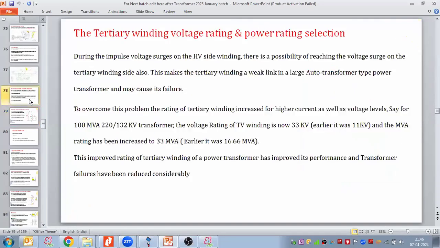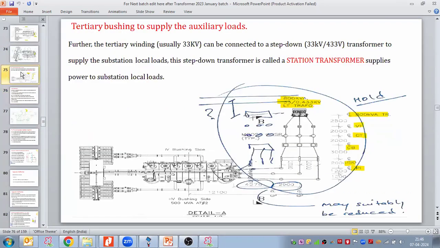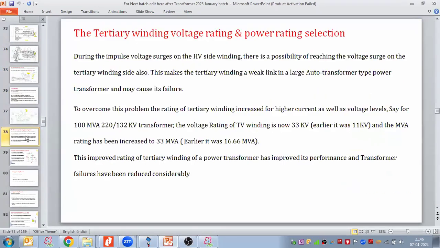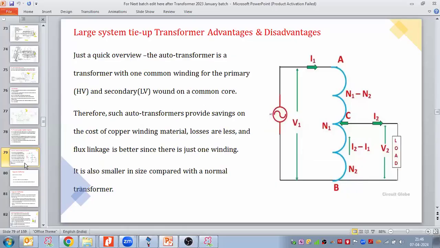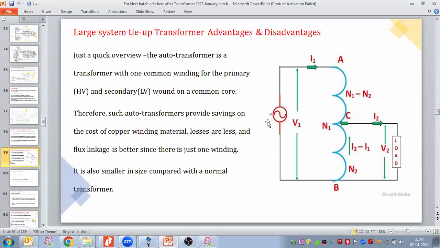Since auto transformer provides a huge cost saving because there is one winding in it, why are we not using auto transformer everywhere? Because it has some disadvantages as well.